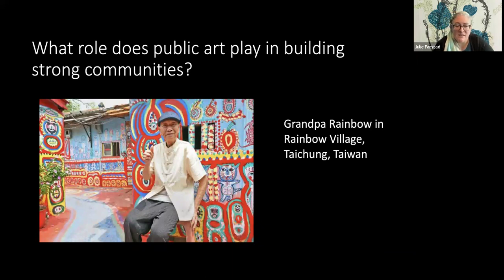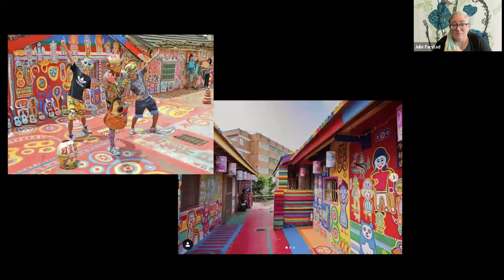And he didn't know what to do about that, but he loved to paint. And so he just started painting on all of the walls of the village. And people started to come, and then they needed restaurants to feed people, and people would post it on Instagram. And so instead of bulldozing the village, the government ended up embracing the village. And so his home was saved, the homes of many people were saved.